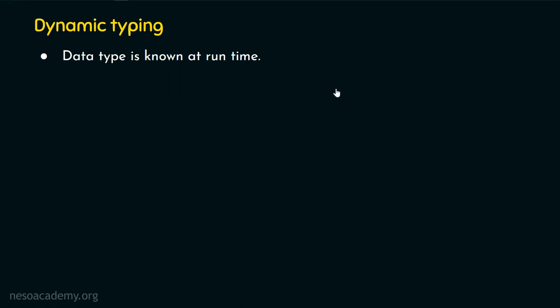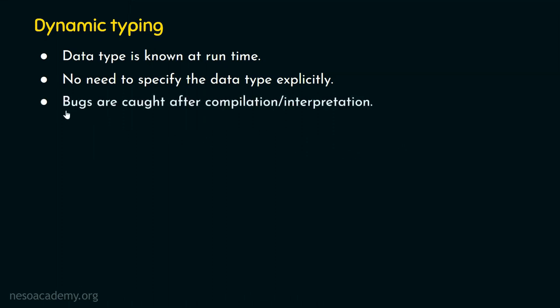Now that is some good news for developers because they don't need to specify the data type explicitly as they were doing in static typing. Based on the data that we have written or defined in the code, the data type is finalized when the program is run. The program is compiled or interpreted successfully till the time we encounter errors. That means bugs are caught after compilation or interpretation.